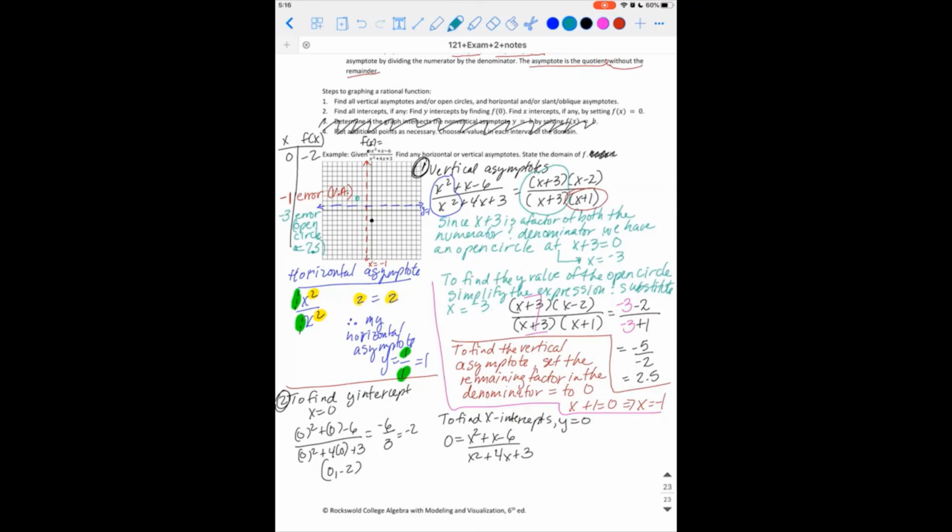So I want to solve for x. The first thing that I see is that we're dividing by all of this. So to get rid of dividing by all of that, we're going to multiply both sides by all of it.